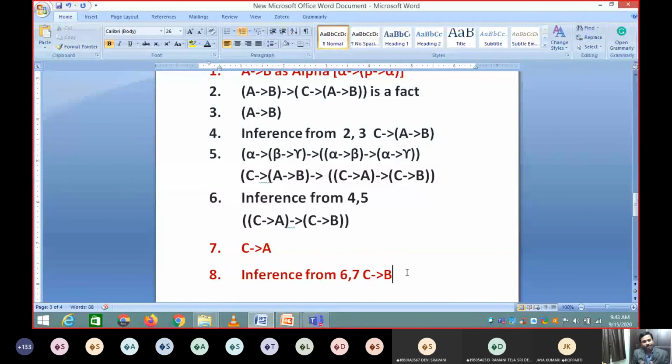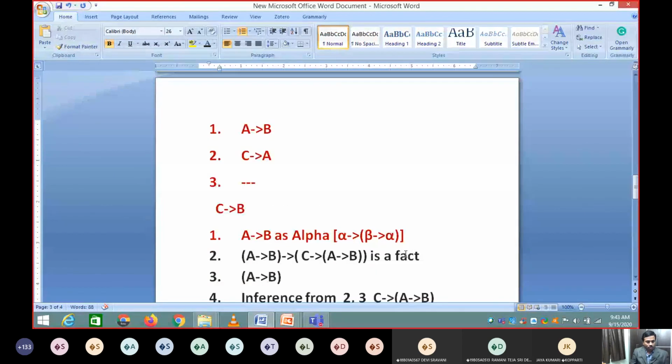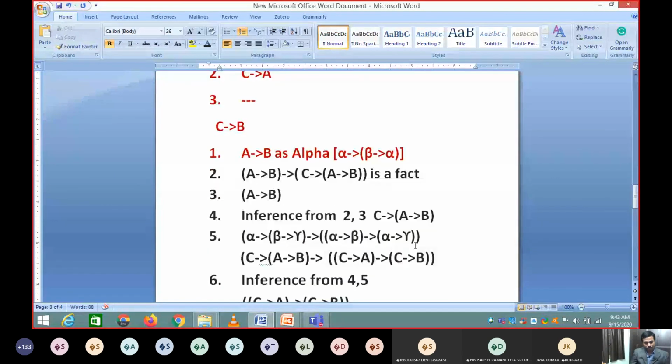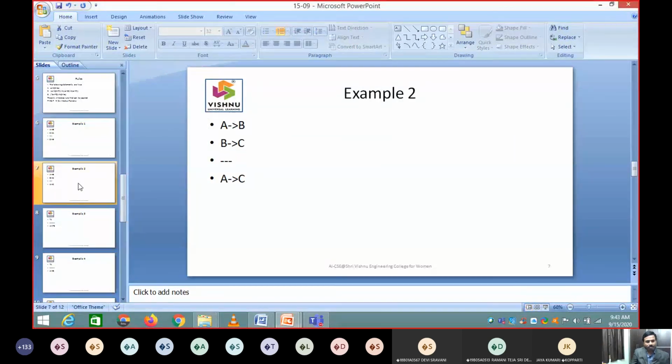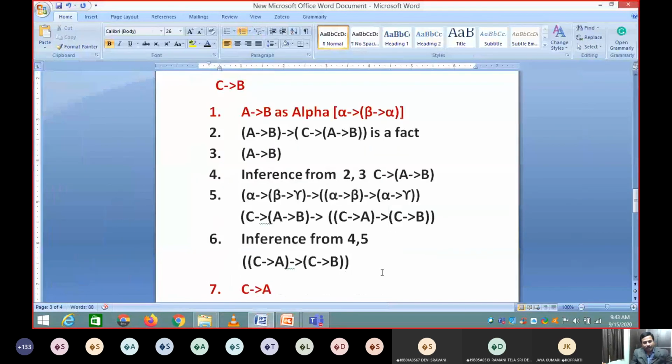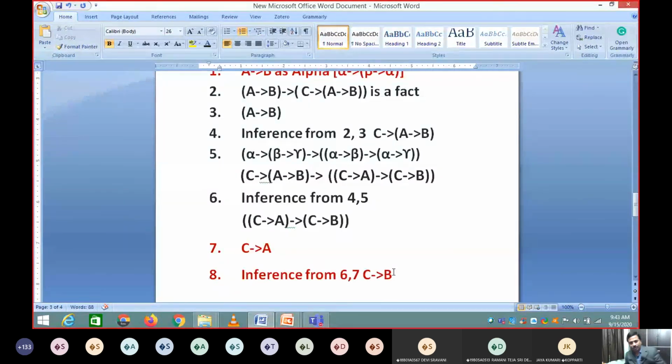Without constraints it's very easy, and it's very easy to infer also. So we have many examples that we have to deal with. I have come with almost 3 or 4 examples in the slides, all this we have to do. So this we will take up tomorrow, but this class is very important.